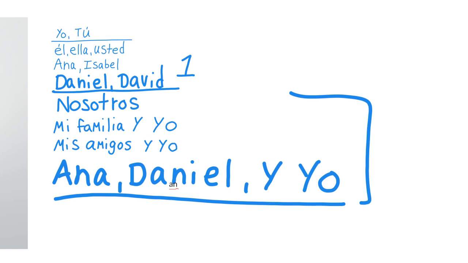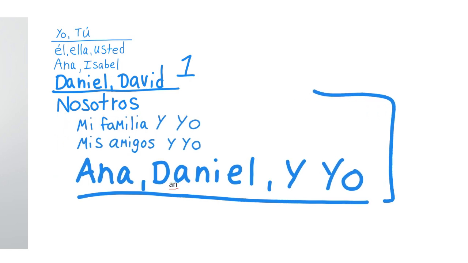But the key here, the thing that you're looking for, is that yo. So if you see the yo in there, along with a group of other people that are mentioned, then you know that you're going to be using the nosotros form.